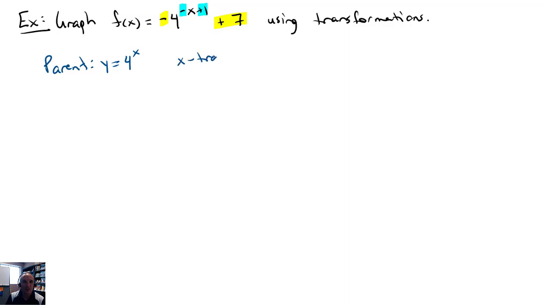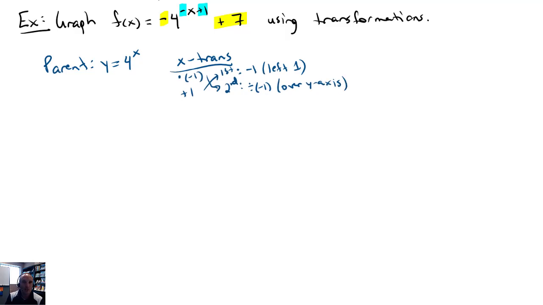Our x transformations, we can see multiplication by -1 and then add 1, but we need to inverse those. So our first guy here is going to be to subtract 1, which means shift left 1 unit. And then I need to divide by -1, which is a reflection over the y-axis.